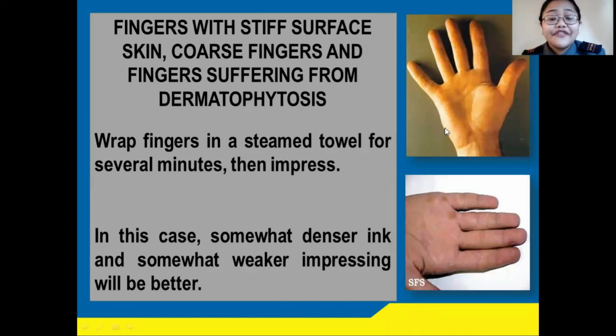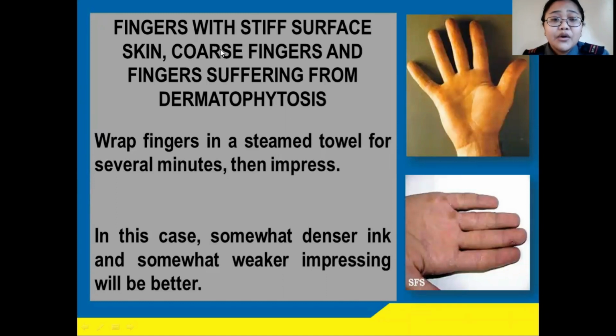Next is for those fingers with stiff surface skin, coarse fingers, and fingers suffering from dermatophytosis. Wrap fingers in a steam towel for several minutes, then impress. In this case, we need to do this because for those fingers with stiff surface skin, their friction ridges are thick.